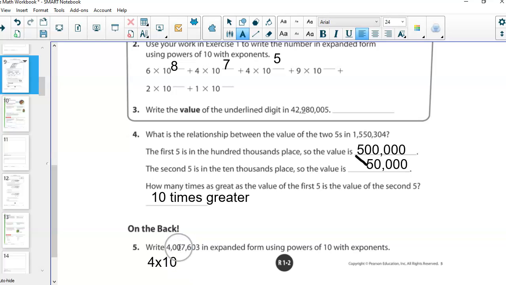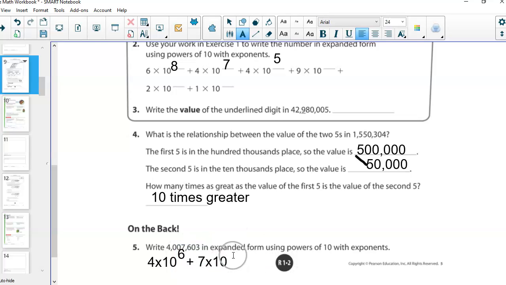So you have 1, 2, 3, 4, 5, 6. So you would put your exponent as a 6 to represent the 4 in the millions place. Then after that, you add that to our next digit, which is 7 times 10, and so forth.